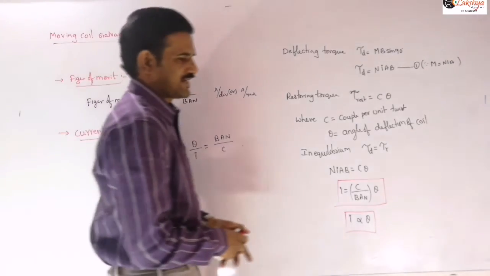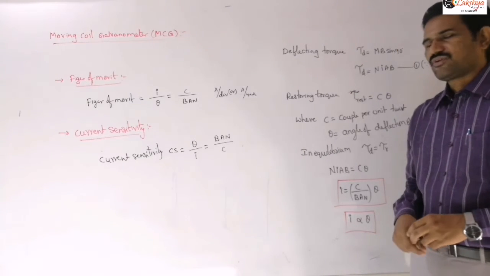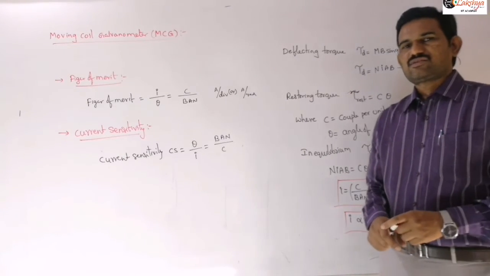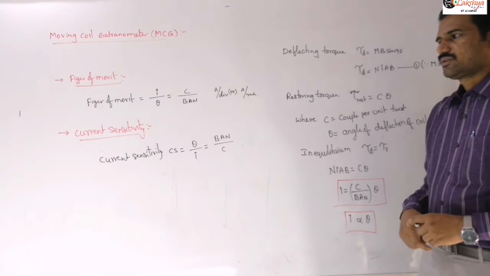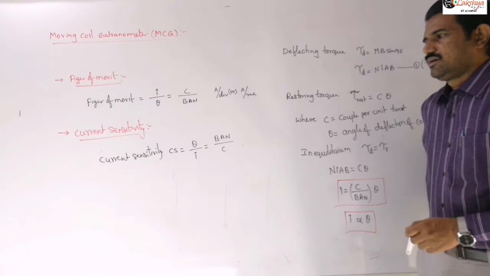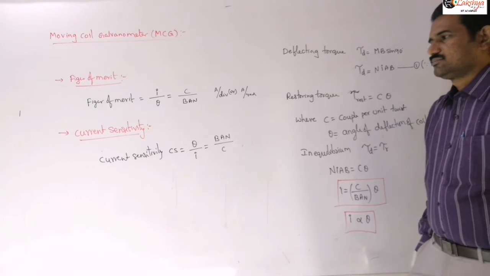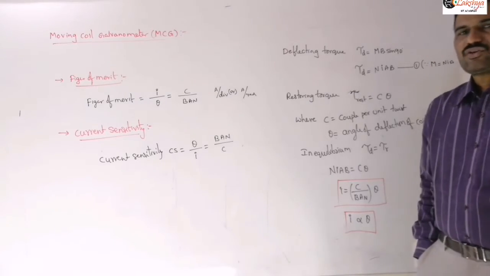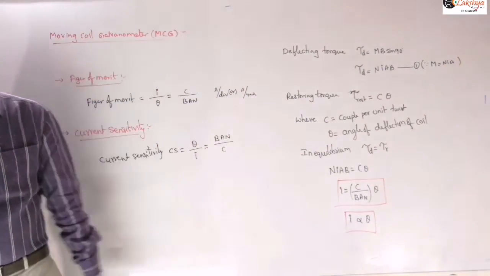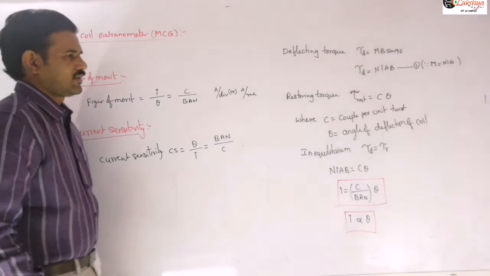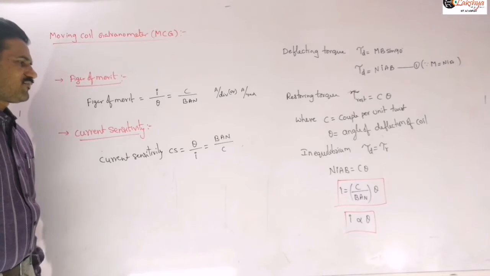So write the first definition. Current sensitivity of a galvanometer is defined as deflection per unit current. Current sensitivity is the reciprocal of the figure of merit.